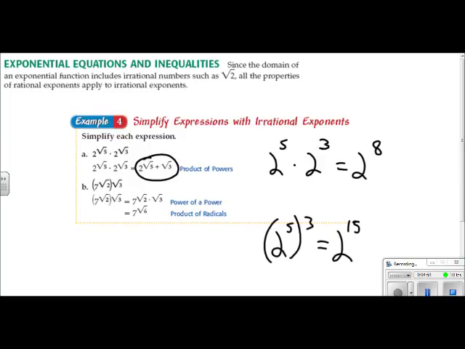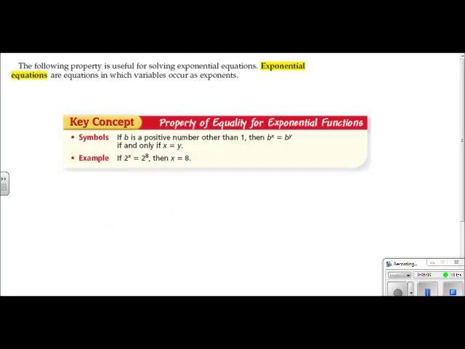Same thing over here. If we have 7 to the power of root 2, that to the power of root 3, we do 7 to the power of root 2 times root 3, which is 7 to the power of root 6. So those are just some properties of exponential functions and equations.